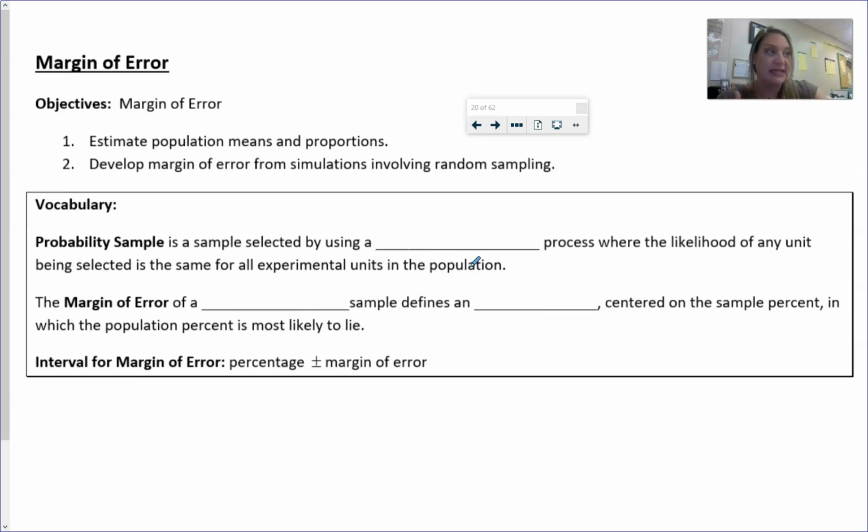So a probability sample is a sample selected by using a random process. Okay, we already know this. We've been doing this this whole time. That's the best way possible.